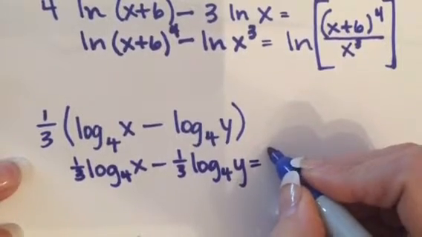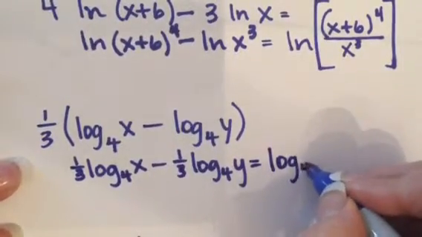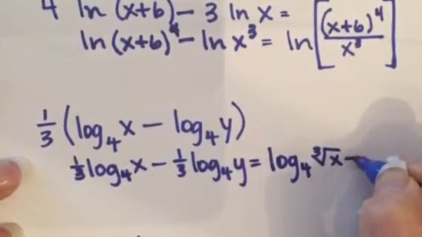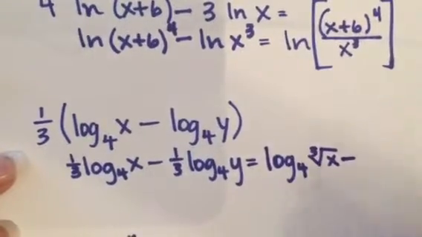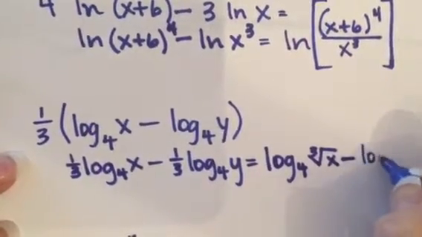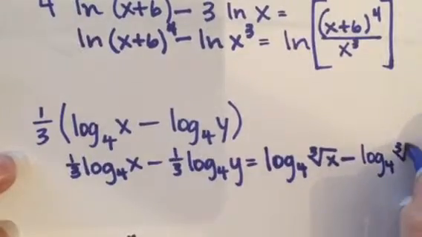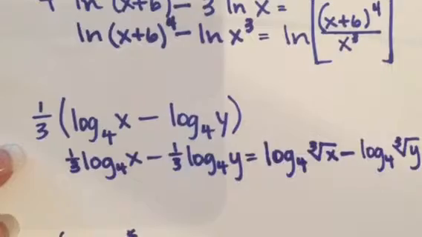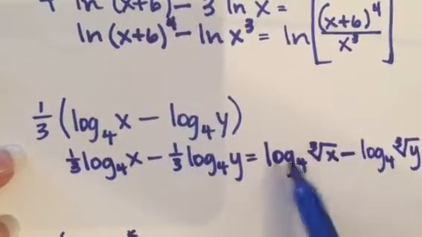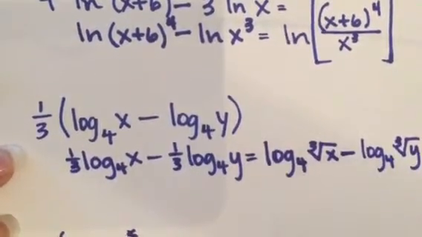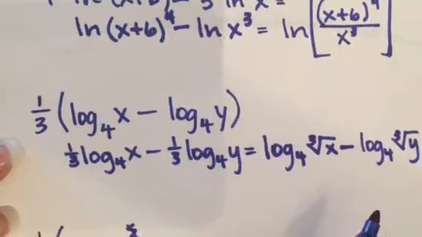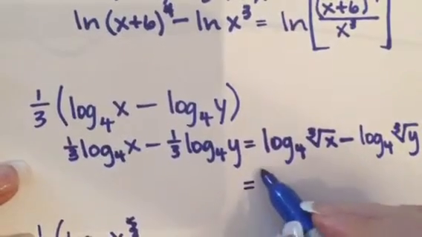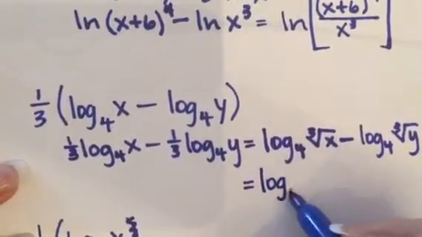So this would be log base 4 of the cube root of x minus log base 4 of the cube root of y. All right. So now we have two logs with the same base, and they're being subtracted. So I can condense them into one log with that base. So we can call this log base 4.